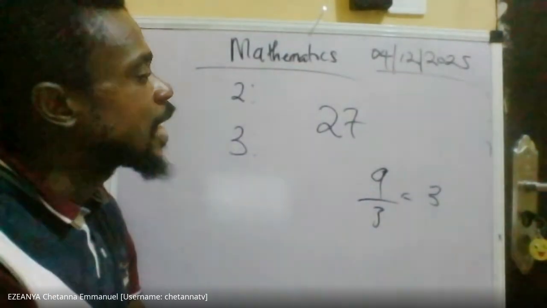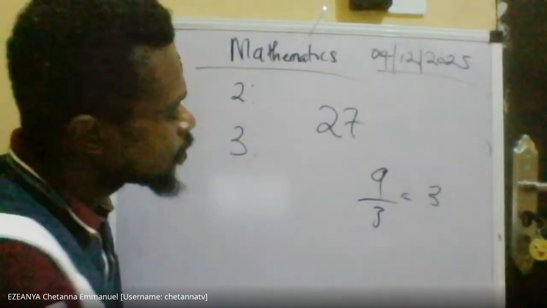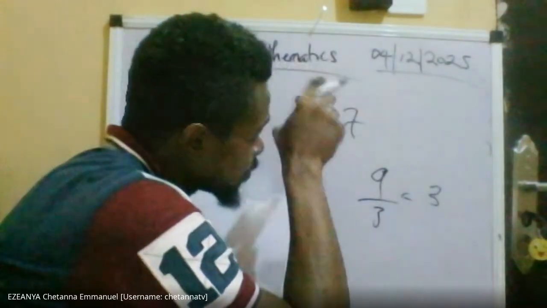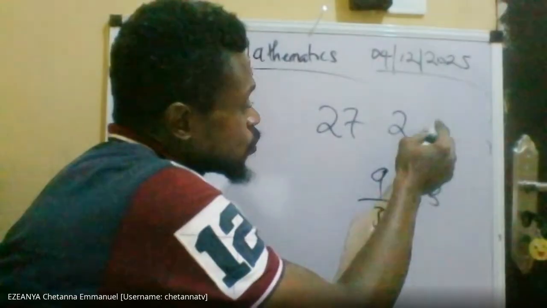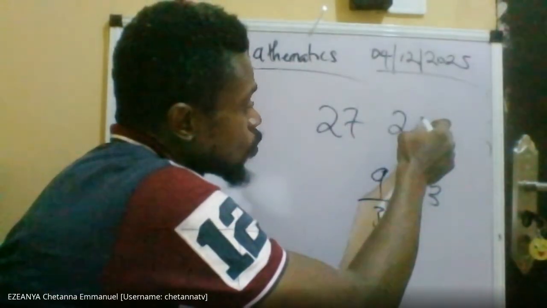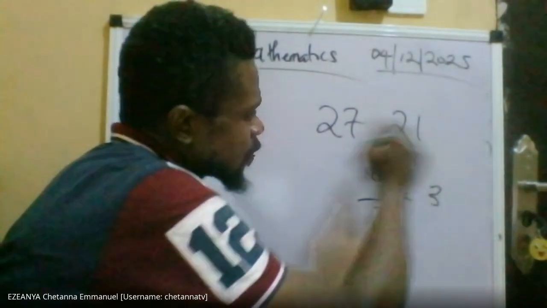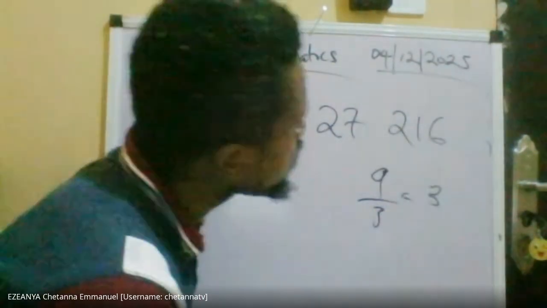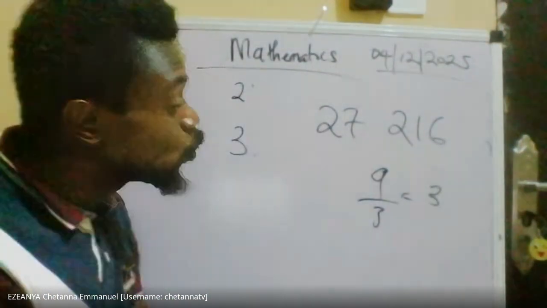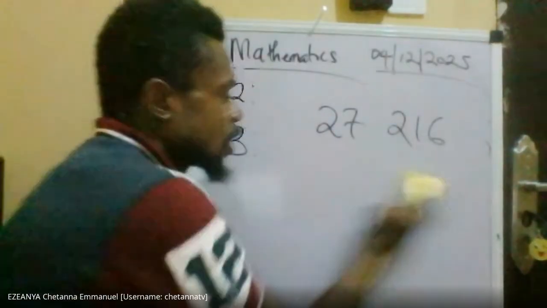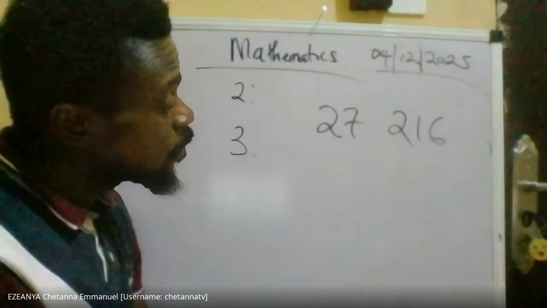Okay, let's look at 216. Let's check whether this rule is true with 216. 2 plus 1 is what? 3.